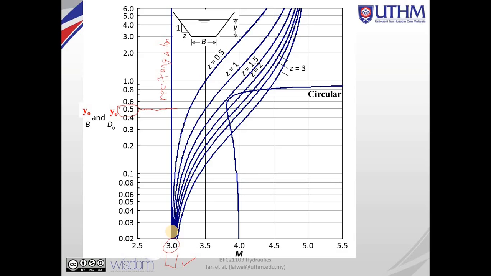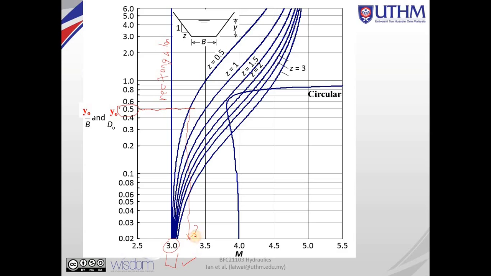How about trapezoidal? Here we assume the side slope is 0.5. We extend the temporary line until it intersects the trapezoidal line for Z equal to 0.5, and then we read the m value on the x-axis. It is approximately 3.3.